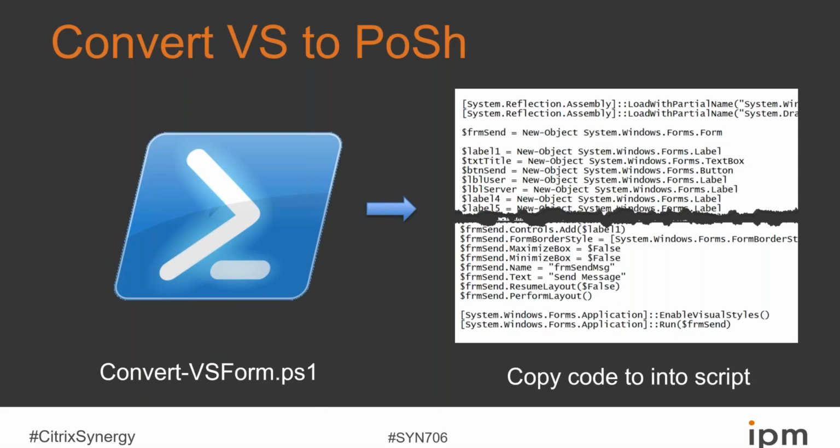It also converts the fields from Visual Studio syntax to PowerShell syntax, and then you simply need to copy that code into your script. The output from the convert VS form is actually an executable PowerShell commandlet that you can use.